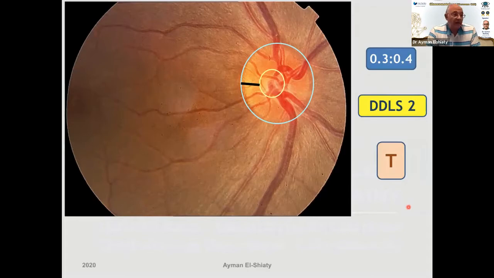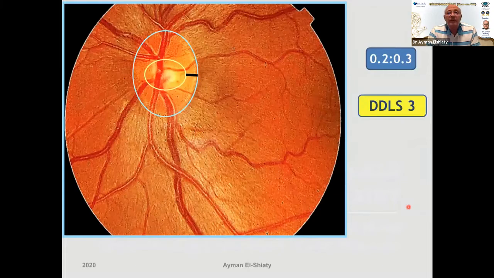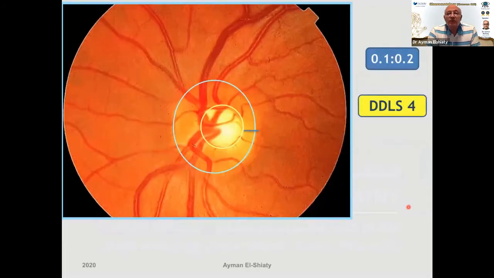We can also locate where the thinnest part of the rim is. So the thinnest part of the rim is between 0.2 and 0.3. So the disc damage likelihood scale is 3, and it's temporal. You look at this. So it's 0.1 to 0.2 with disc damage likelihood scale of 4, and it's also temporal.